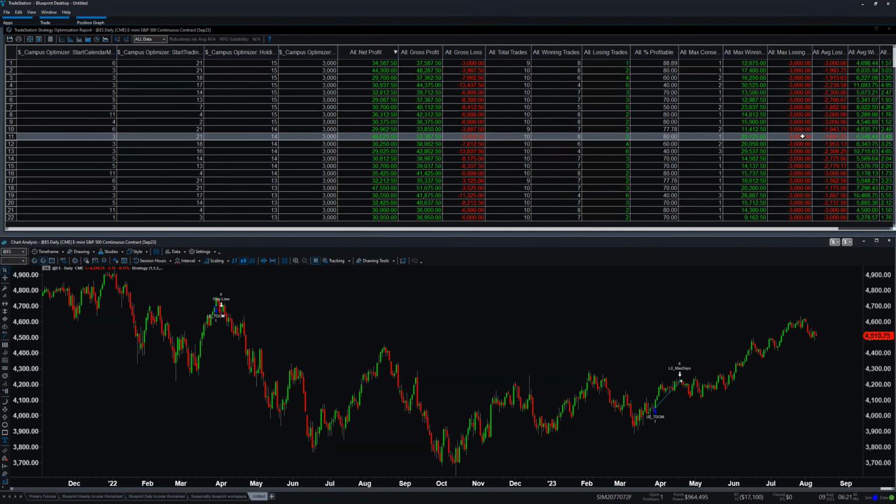Then we have our max losing trade. Of course, our max losing trade is whatever our stop loss was, which here is 3,000, the optimal stop loss during that time to stay in most trades. We can see that 8 out of 10 were winners. So with using a $3,000 stop loss per contract, we can achieve an 80% accuracy here over the last 10 years.